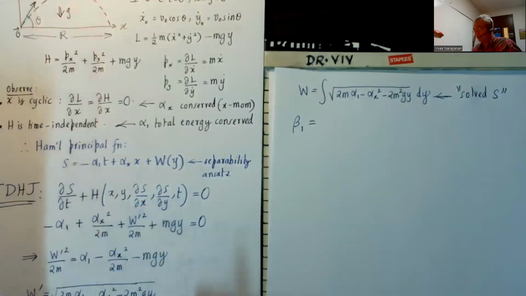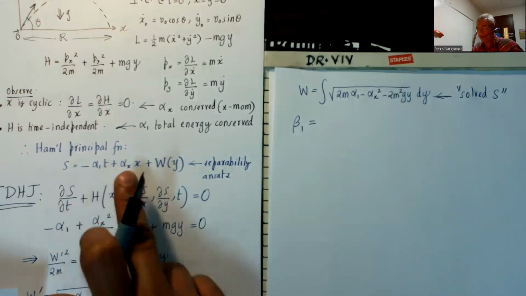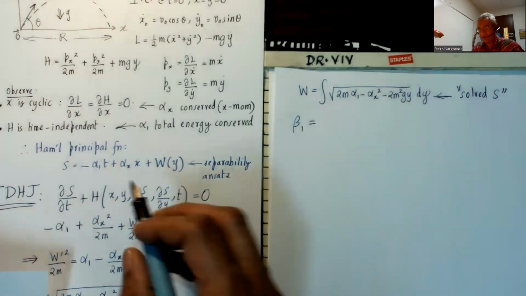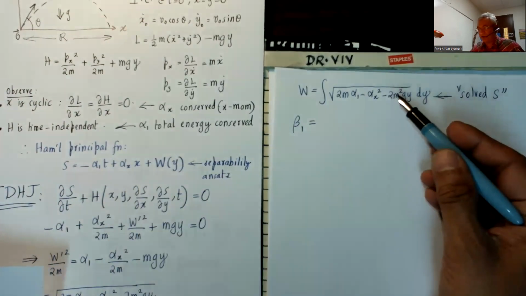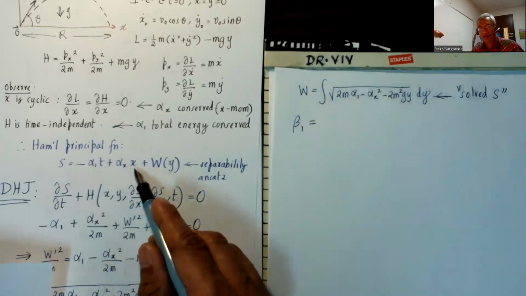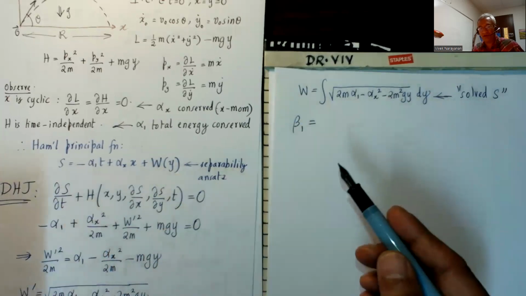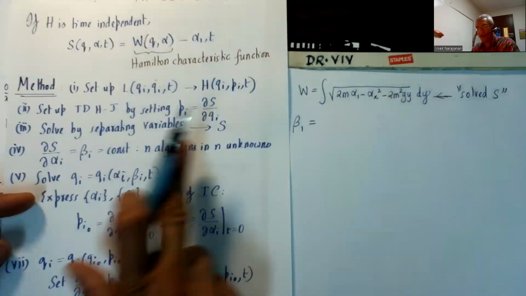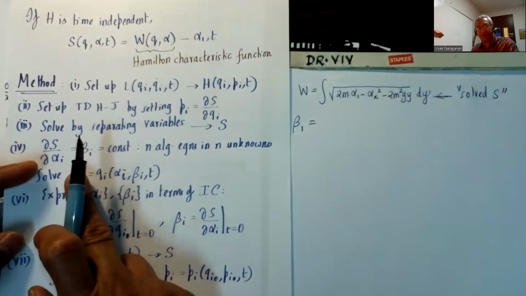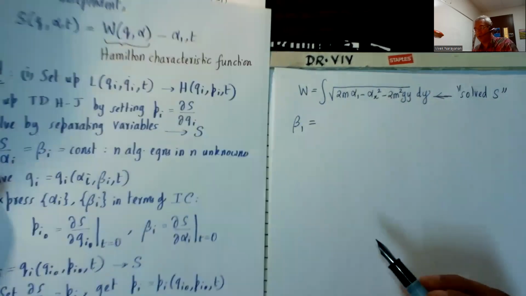Because S is equal to minus alpha 1 t plus alpha x x plus whatever I wrote there. I don't want to write it because it'll be additional writing. So we have essentially solved for S. We have finished this step. Now we are going to take the derivative of S with respect to alpha i to find the beta i and see what happens. So we're in step 4 now.